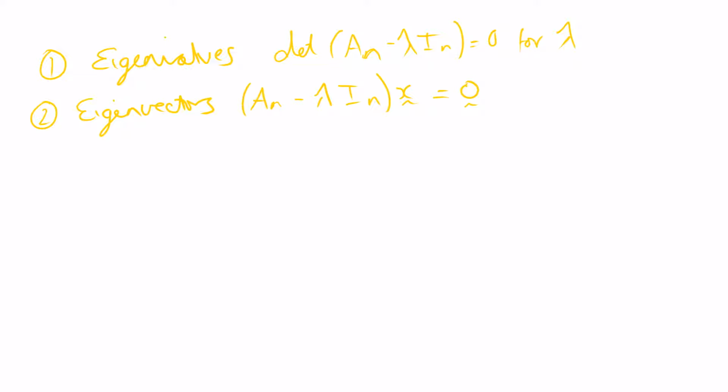And here we had to do this with the different values of lambda_i for i equals 1, 2, and that would give us x_i.